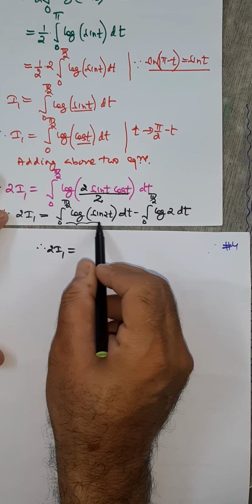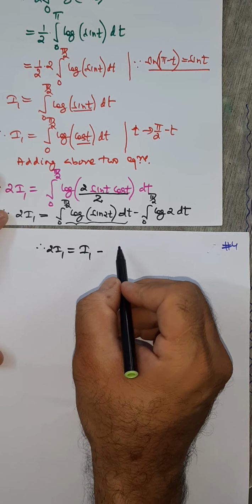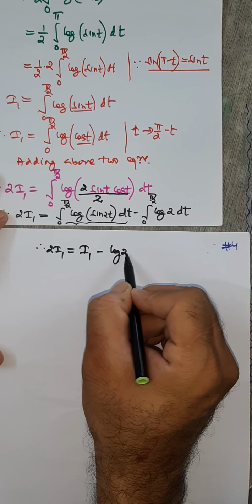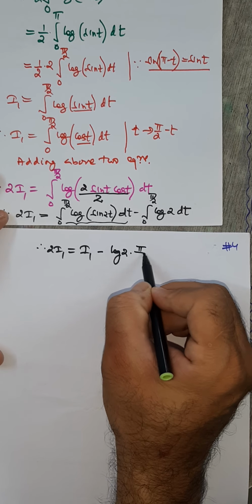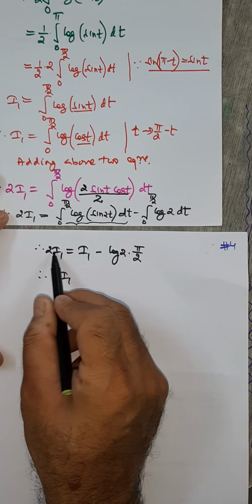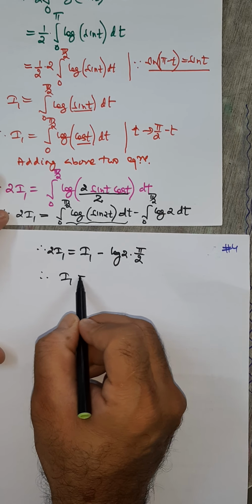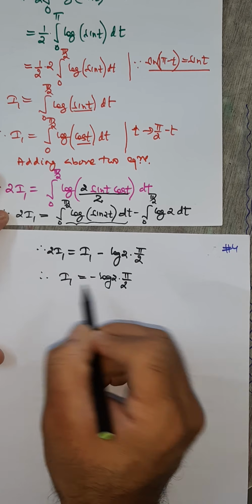The first one, it is just I1 minus, what's the value of this? Log 2 into integral of 1 is t and then upper limit minus lower limit. So we have this. Take I1 on this side, so 2I1 minus I1. So I1 equals to minus log 2 into pi by 2.